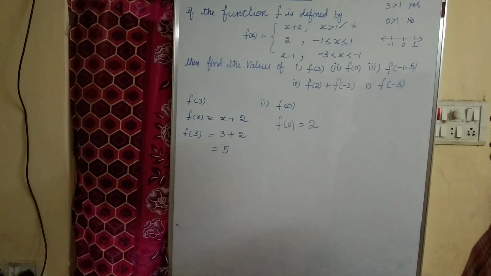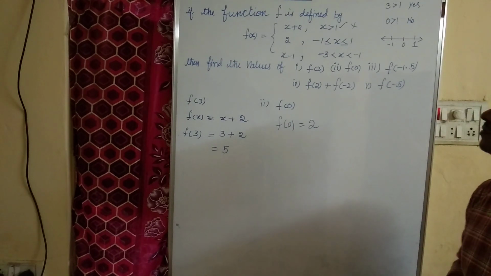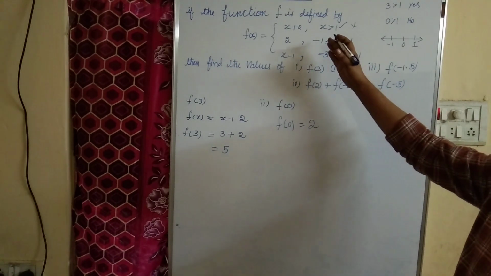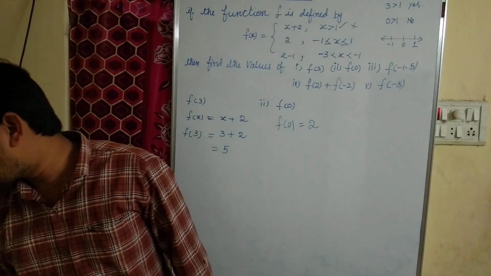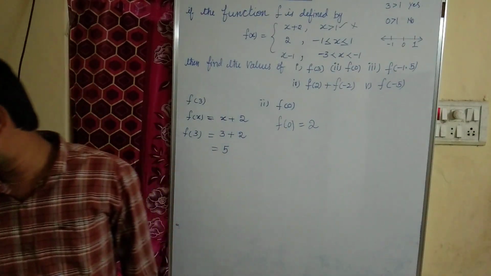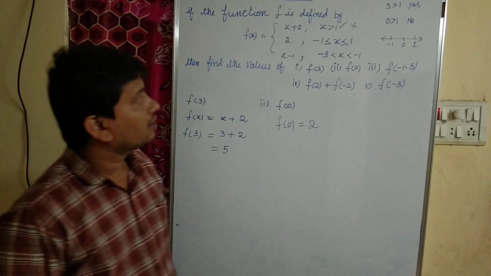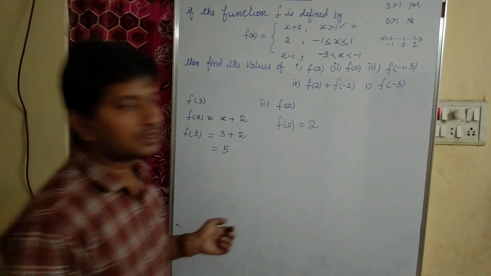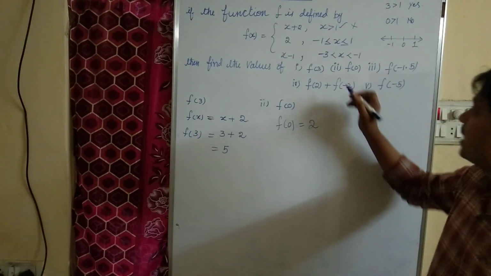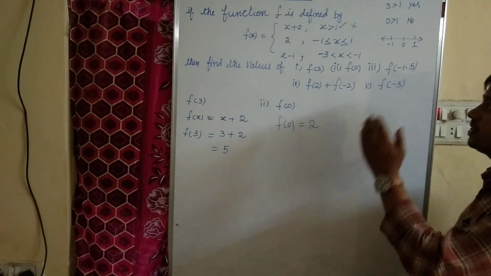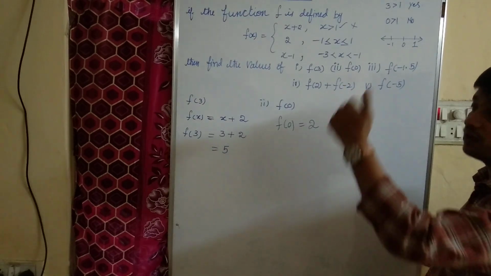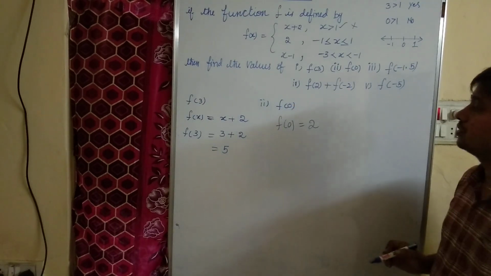Now coming to f of minus 1.5. They said f is a function defined by these conditions. So minus 1.5 lies between minus 3 and minus 1. Yes or no? Minus 1, minus 1.5, minus 2, minus 2.5 and so on.